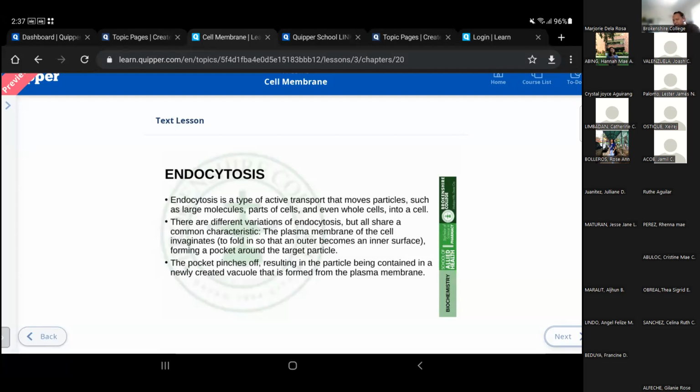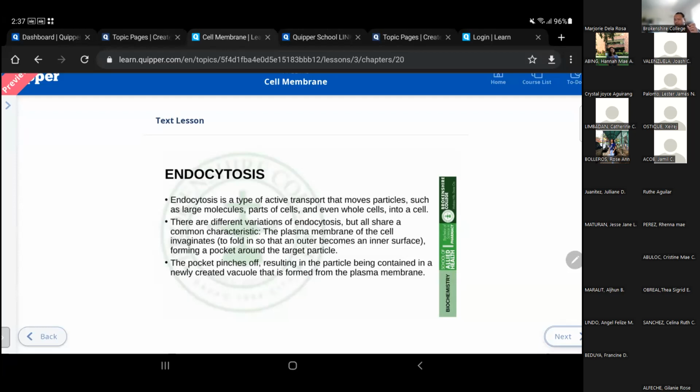So the plasma membrane of the cell invaginates, okay, to fold in so that the outer becomes the inner surface, forming a pocket around the target particle, and the pocket pinches off, resulting in the particle being contained in a newly created vacuole that is formed from the plasma membrane.